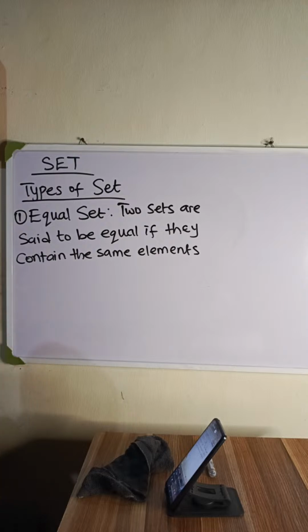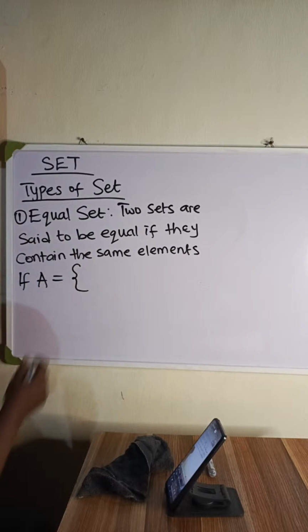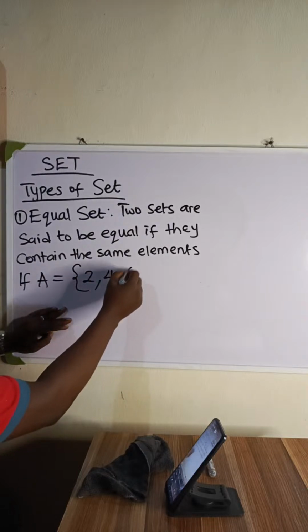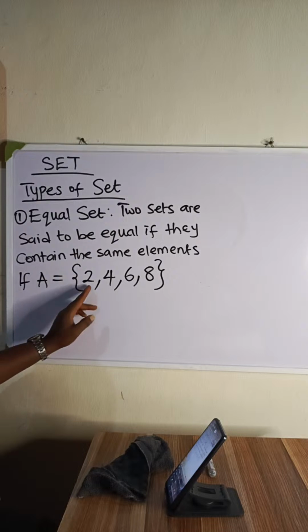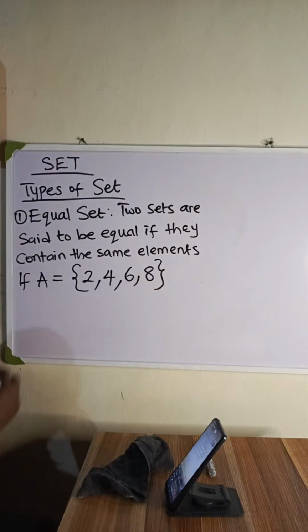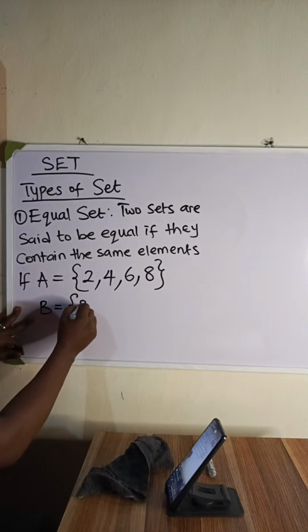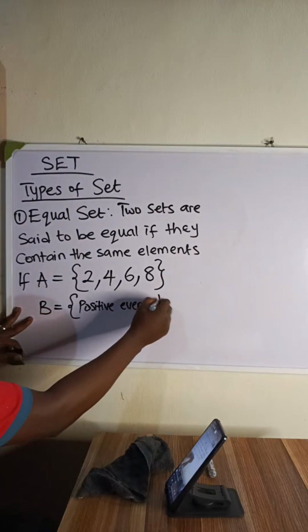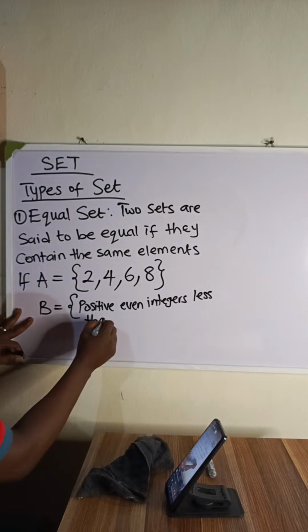So for example, set A is 2, 4, 6, 8. And then set B is positive, even integers less than 10.